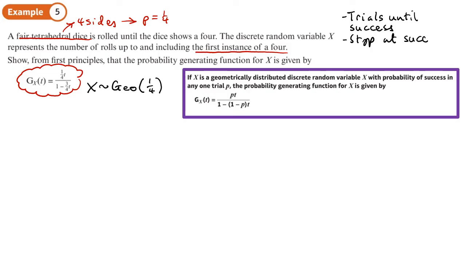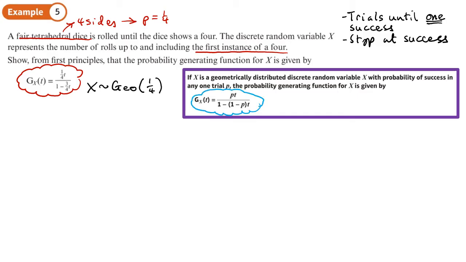There's only going to be one success, all the rest are failures. But when you get that success, you stop. It's a geometric distribution. So our random variable is distributed as a geometric distribution with p as a quarter, and we want to get to this at the end.